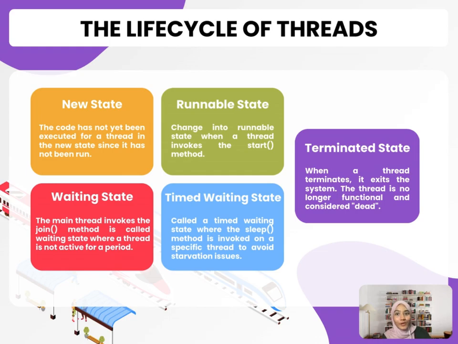Moving on to the second state, which is the runnable state. In a multi-threaded program, a thread transitions through different states. Invoking the start method moves it from new to the runnable state, where threads are either running or ready to run within specific time frames.